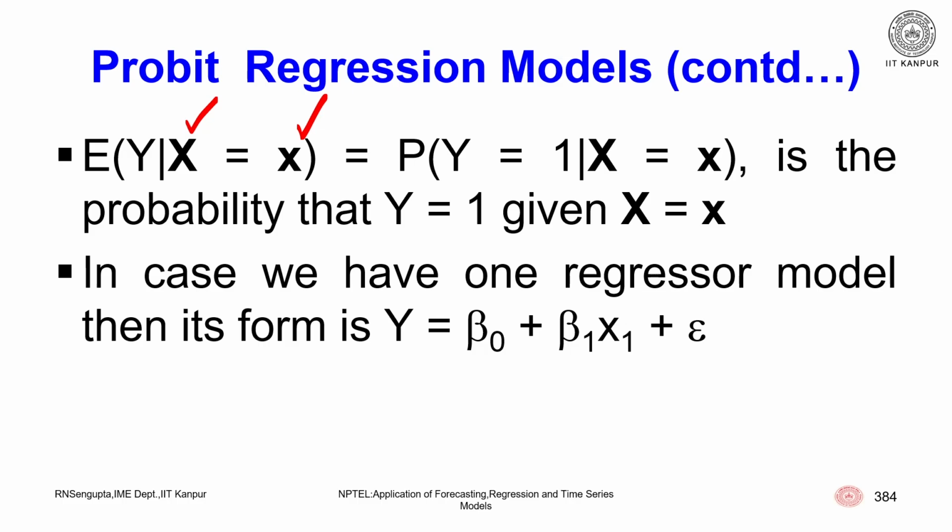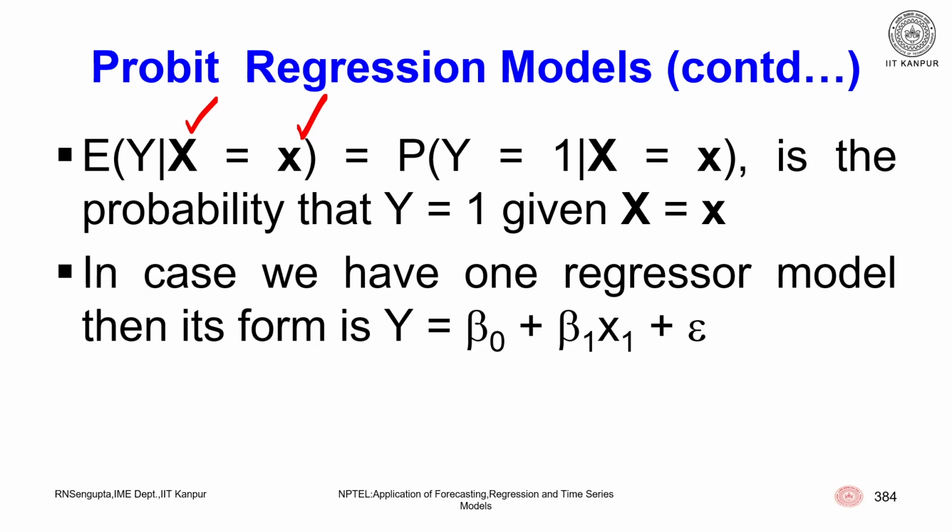So the expected value of y is to be found out, and we want to find out the probability that y will take either the value 1 or the value 0, depending on the outcome of the regression values, which is x bold. x bold means the independent variables, and our answer has to match in such a way that we are as close as possible to the theoretical result with respect to the practical result which we are getting.